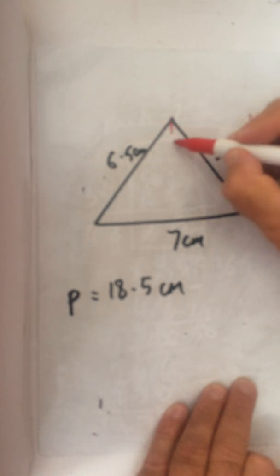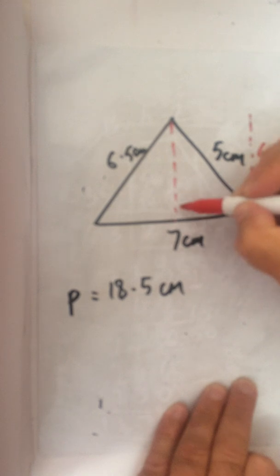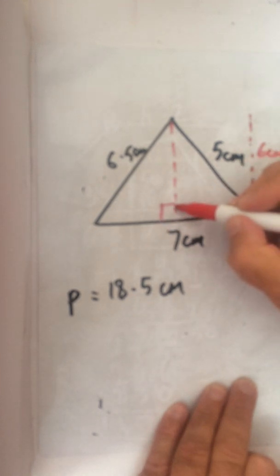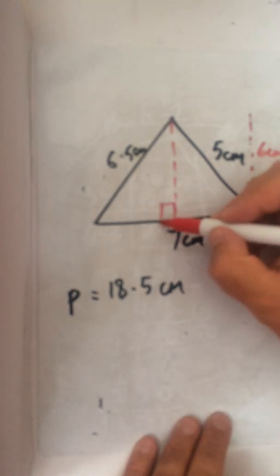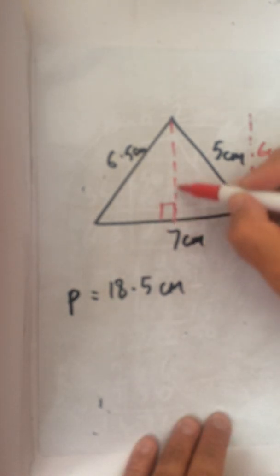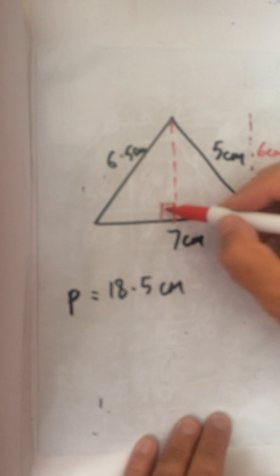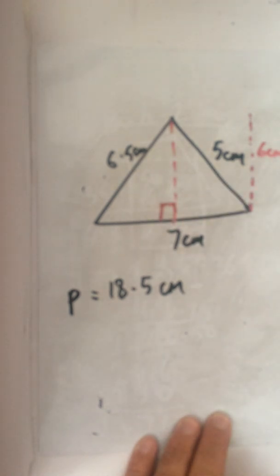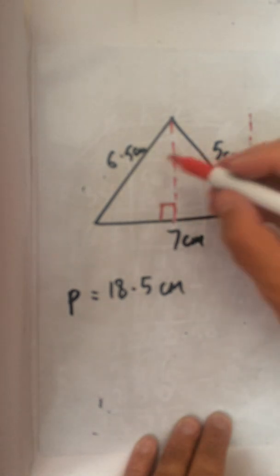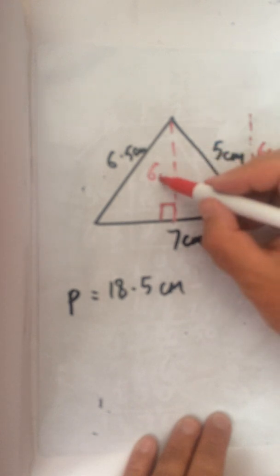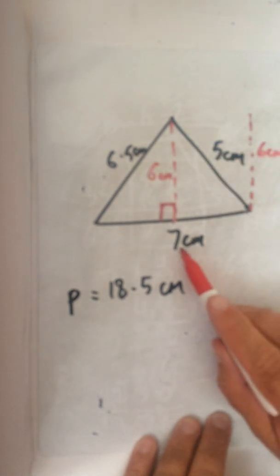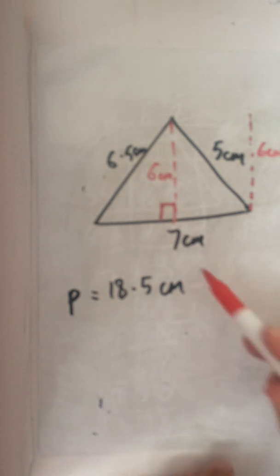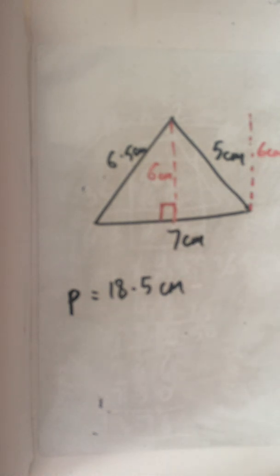You might see it there, you might see it down here, and what it always is, it's always perpendicular is the word, isn't it? It's at a right angle to this baseline, and you can tell that here with my thing that just shows a right angle. So if this is 6 centimeters, because this is an odd number, it's probably best not to halve it because it can make it a bit trickier, okay.